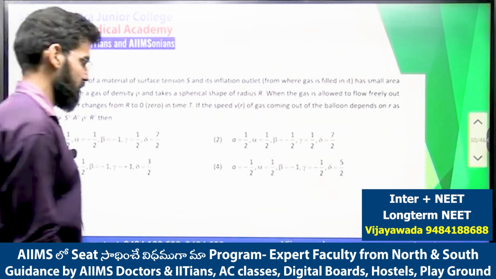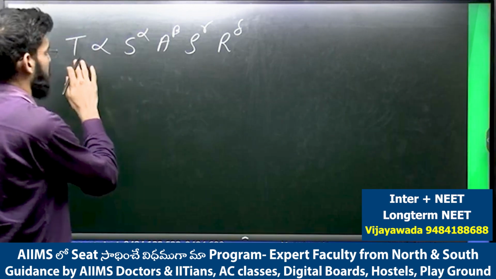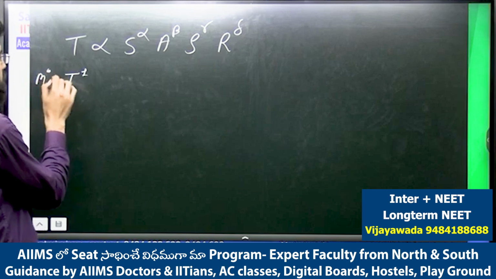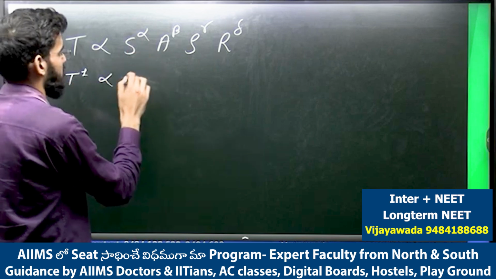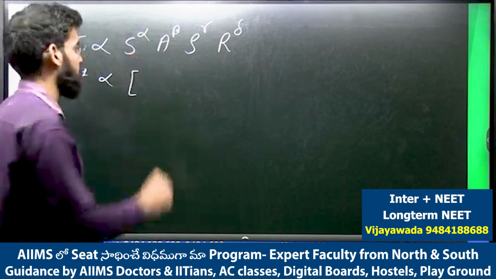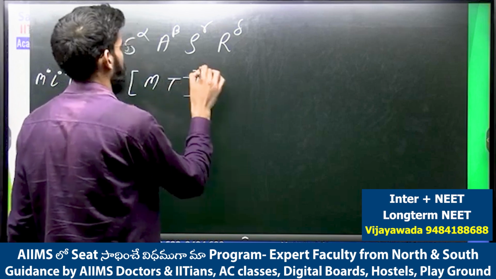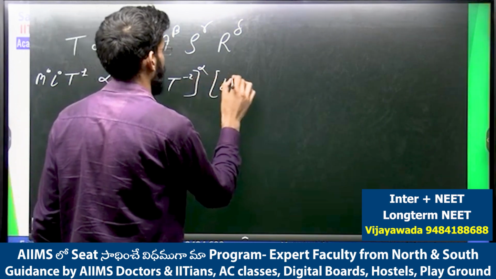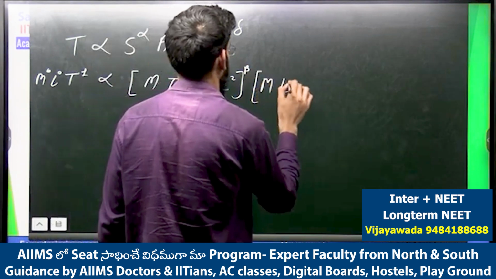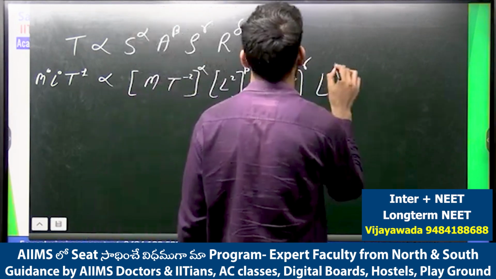Now solve for these things first of all. Time is T to the power 1, so M0, L0, right? M is also 0, L is also 0. Here it is proportional to surface tension. Surface tension is force per unit length, so force is M L T to the power -2, basically this to the power alpha. Area means length square, so L square to the power beta, and density is mass, length to the power -3, to the power gamma, and delta is nothing but length to the power delta only.